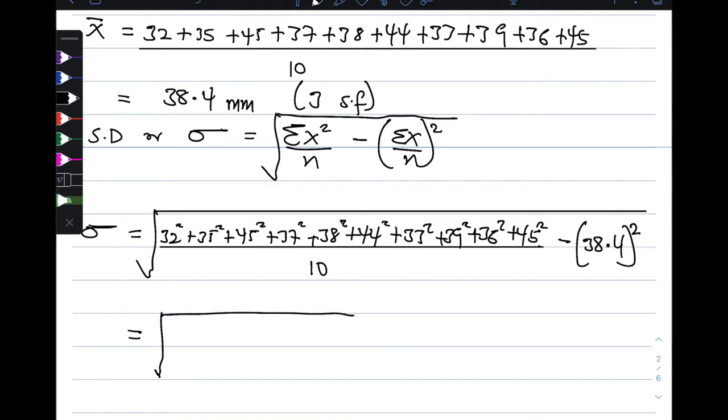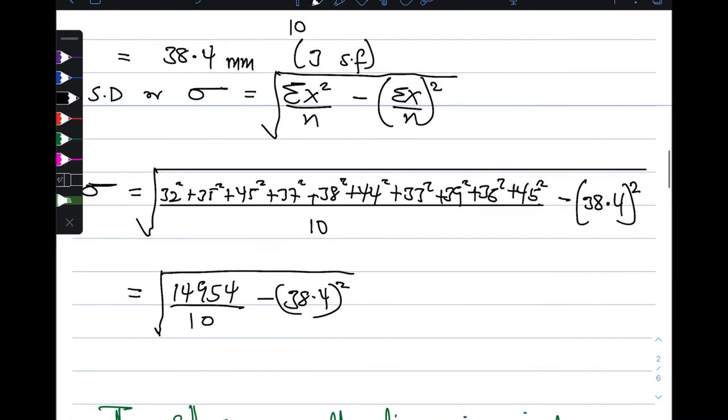When we square and sum these up, we should get 14954 over 10, then minus our mean squared. Now we can put everything on a calculator, and our answer should be 4.57 millimeters, to 3 significant figures.